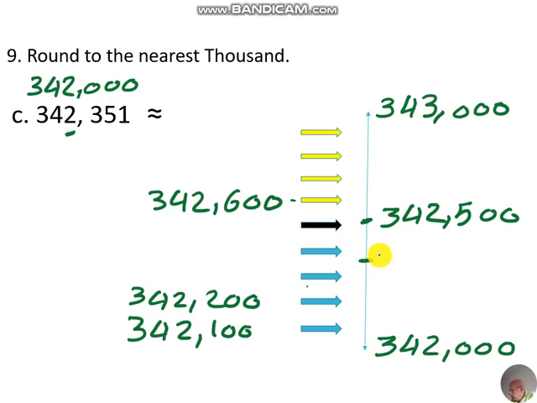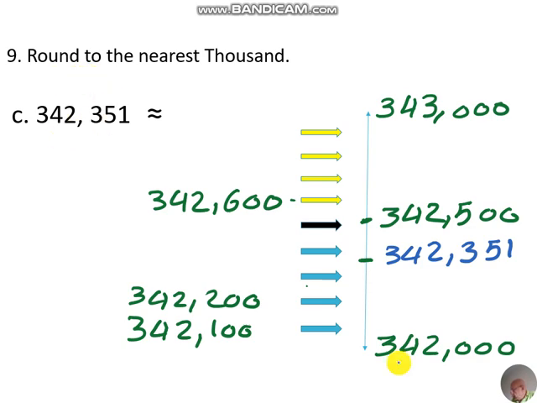This number will be here, 342 and 300 here, 51. And this is under the midpoint. When you round it, you round this number to 342,000. Thank you for watching, and I hope you found this video helpful.